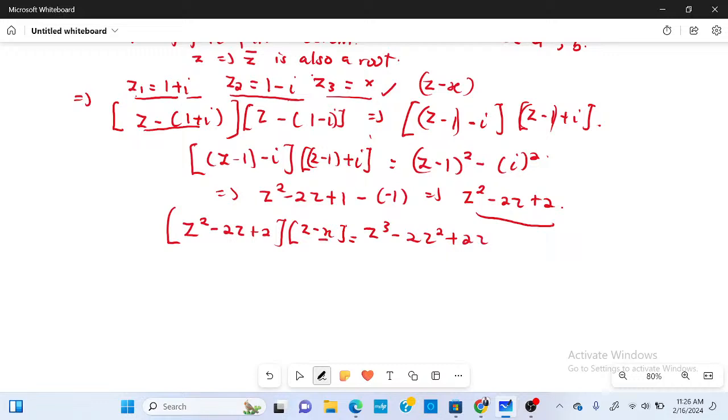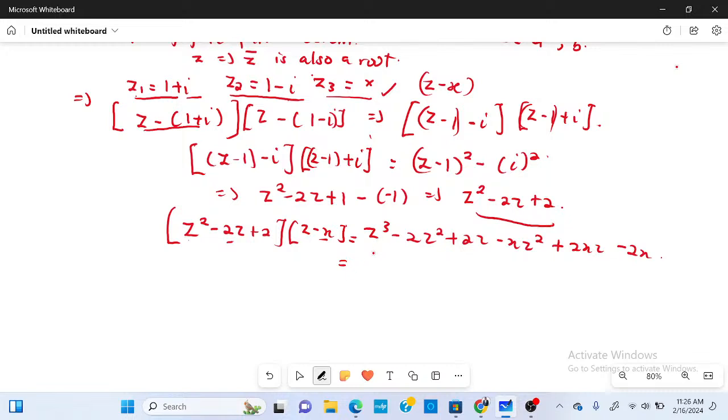Then negative x times negative 2z will give me plus 2xz, right? Then finally negative x times 2 will give me negative 2x. At this point, I need to group and make the necessary factorization.